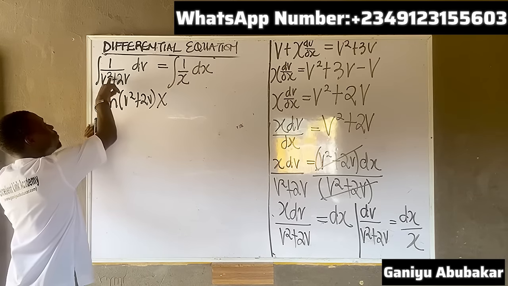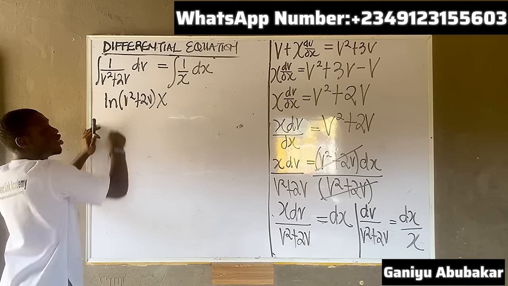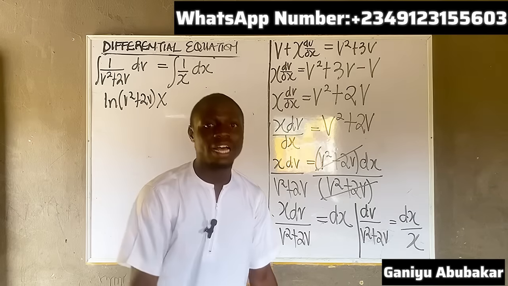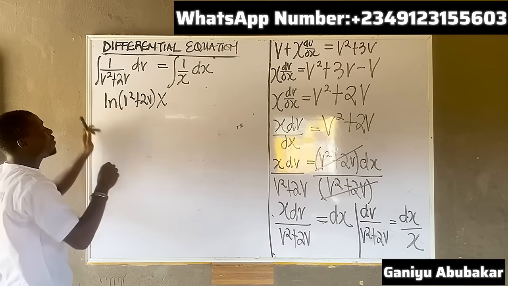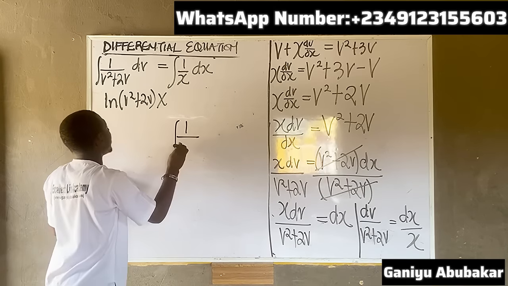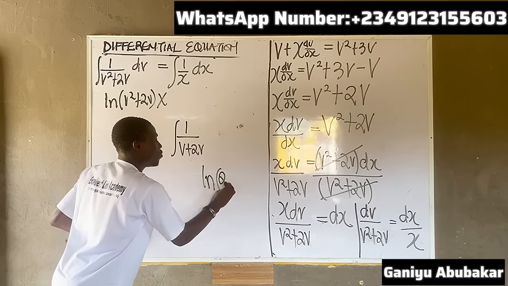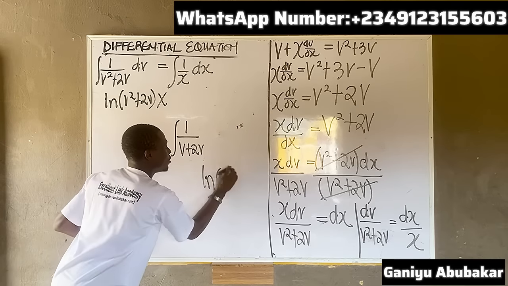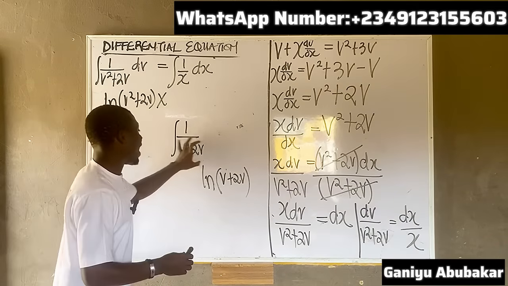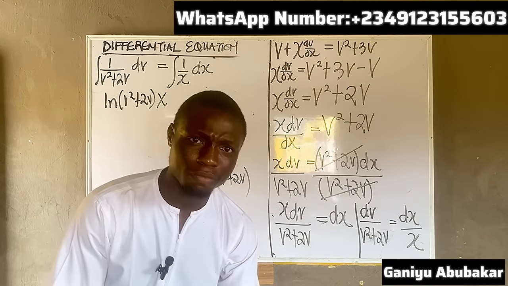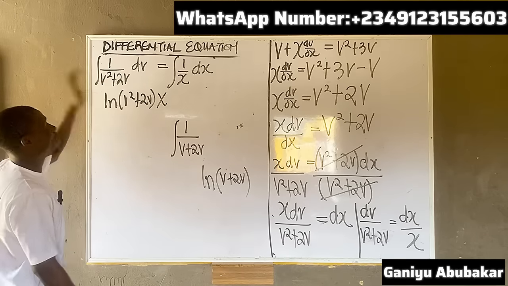The power attached to this v is not 1, it is squared. So ln follows linear, and this is not linear. If I have the integral of 1 over v plus 2v, this can be expressed as ln of v plus 2v, which is correct because the power here is linear. So linear follows ln. For this one, I can't use the linearity concept because this is not linear.